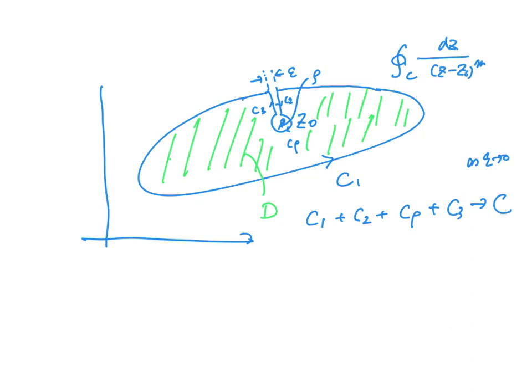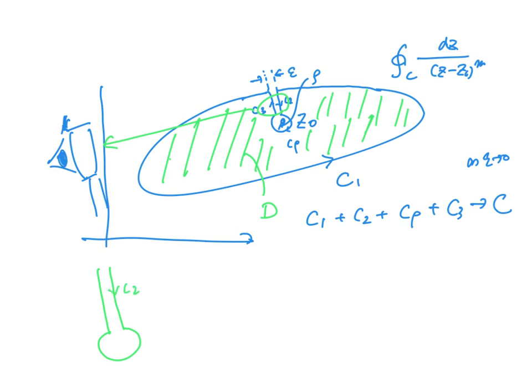If epsilon is really, really small, then what happens is, if you had a magnifier and watched this part, it will look like this. This is your C2. This is your C3. This is the point 0, right?